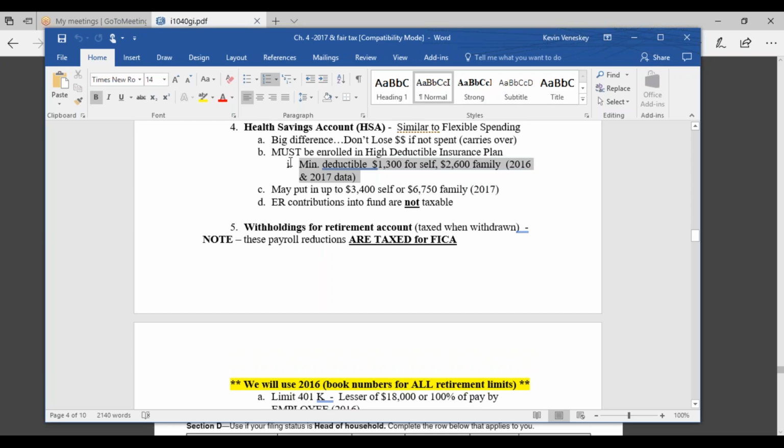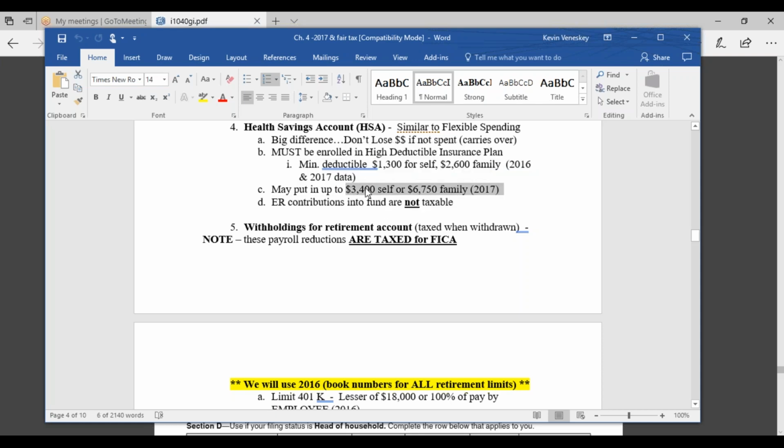And here's what is considered a high deductible. If your deductible is at least $1,300 or $2,600 for a family, you would then have the option to get an HSA. The big benefit of having an HSA over a flexible spending is you don't lose your money. And then here are the caps of how much you're allowed to put away into a HSA.